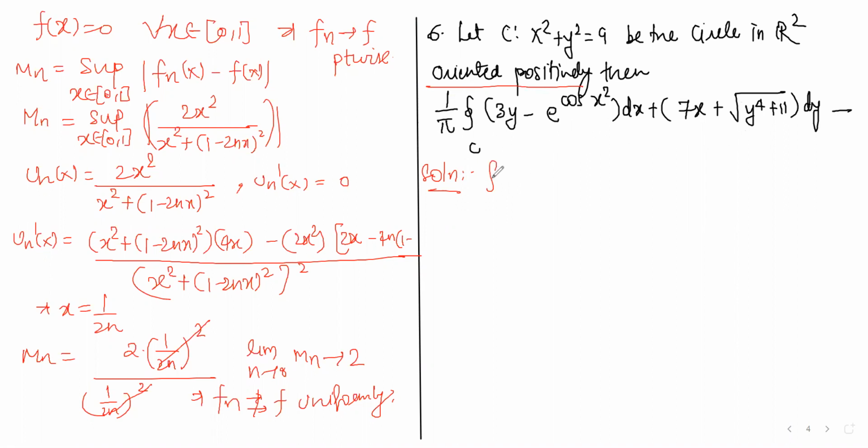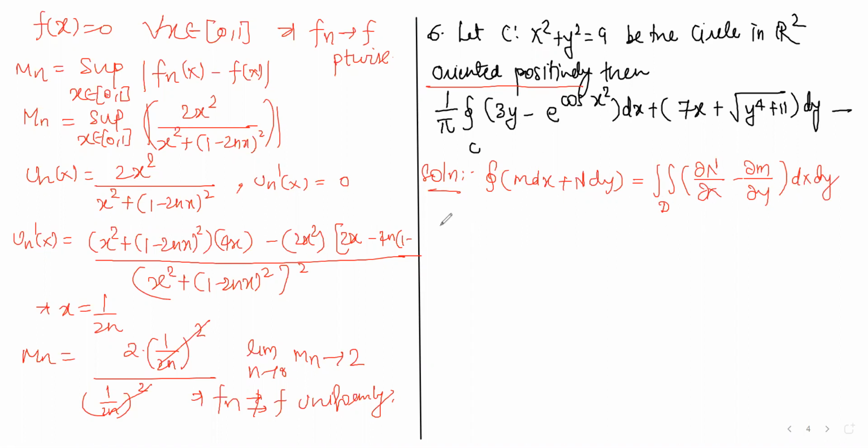To handle this, I'll take help of Green's theorem. In Green's theorem, it will have M dx plus N dy that shifts nicely to a double integral over domain D of del N over del x minus del M over del y, then dx dy or dy dx. You can apply, in fact, Fubini's theorem and find out.